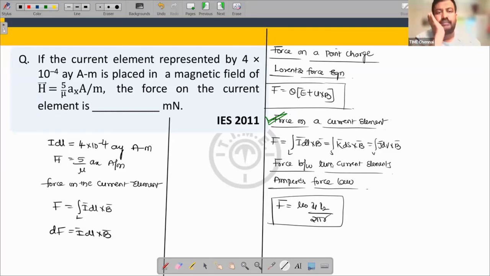Anyone got the answer? You can type your answer.